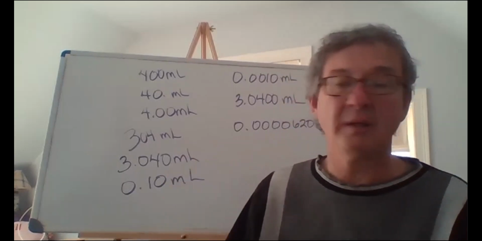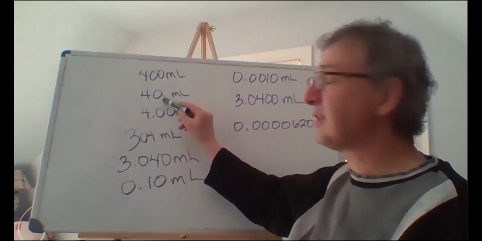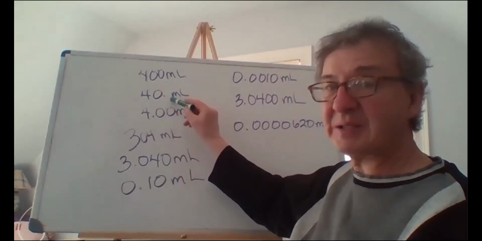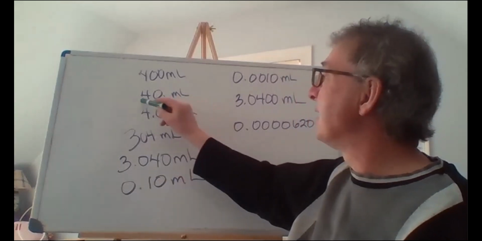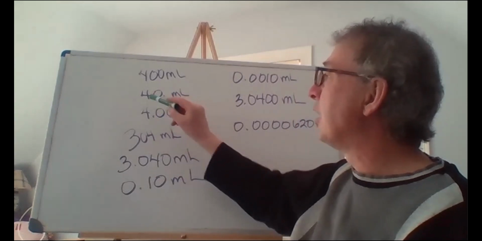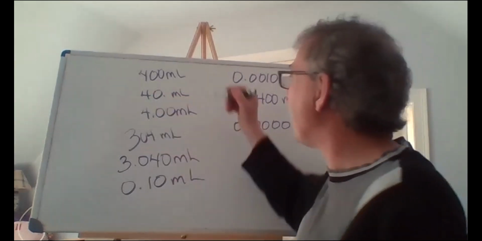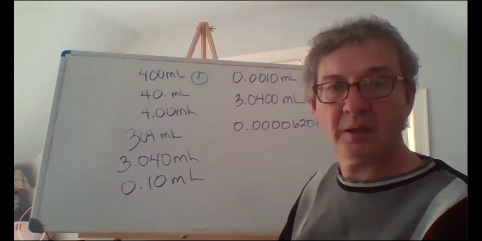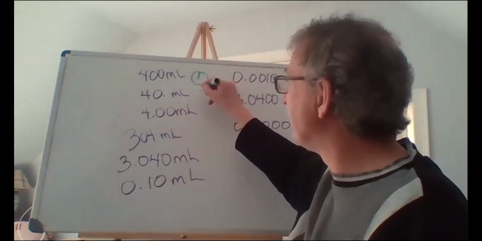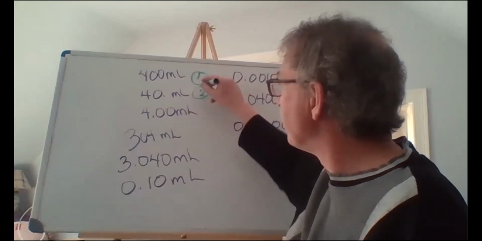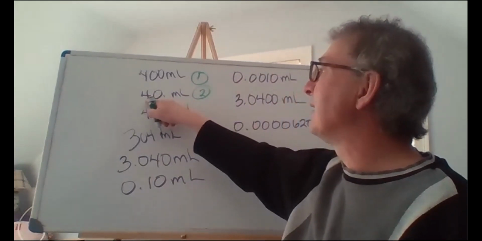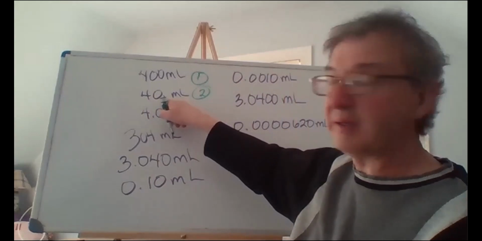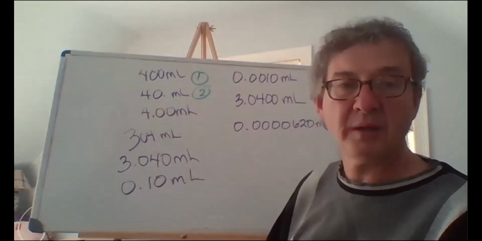Well, I could put a decimal. Notice that decimal right there indicates that both of these are well-known numbers. So while this has one significant figure, this one now has 2, because I'm saying by that decimal point, both the 4 and the 0 are measured.